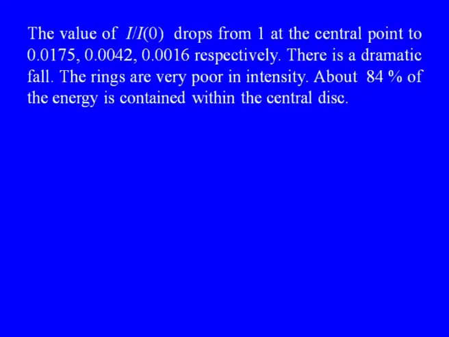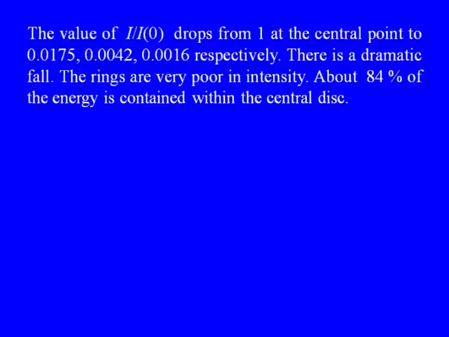Now, the value of I upon I 0, that is the interesting thing. It drops from 1 at the central point. The central maximum, if we take its intensity as 1, then relative to that, the intensity of the first secondary maximum away from the central one, that is the intensity in the first ring, is 0.0175, much less.